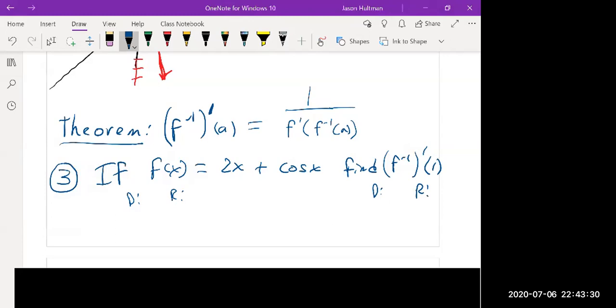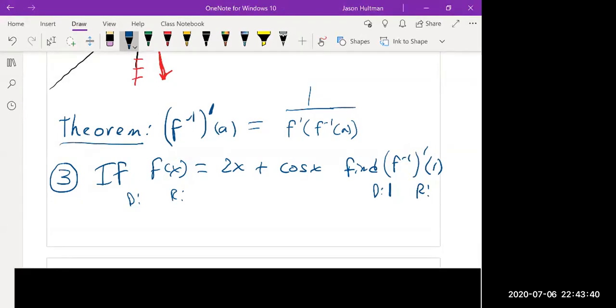Does that make sense? That's what A is. A is the input of the inverse function. We're inputting that value into the inverse function. A is our input, our domain, in the inverse function.